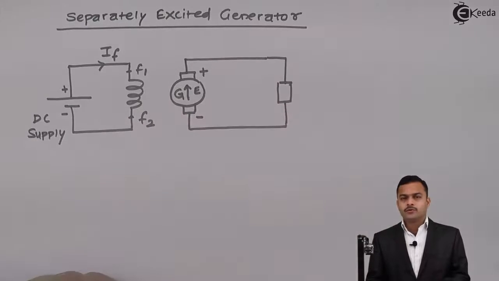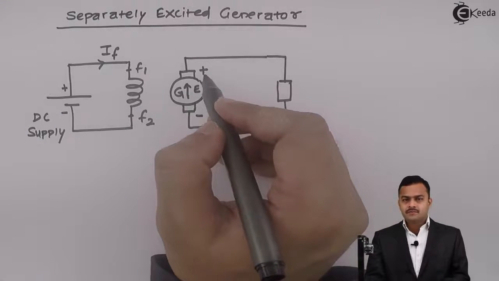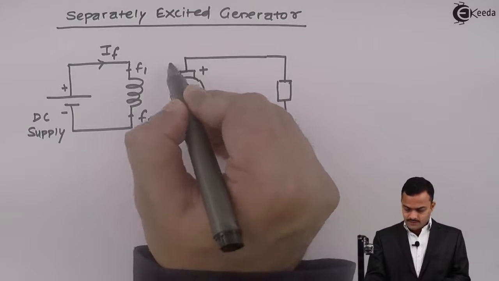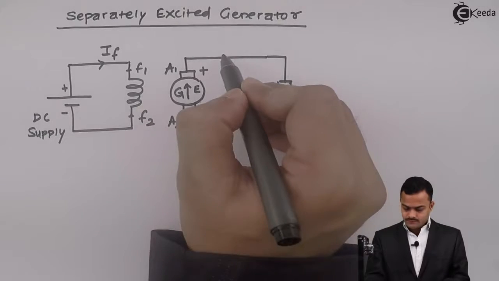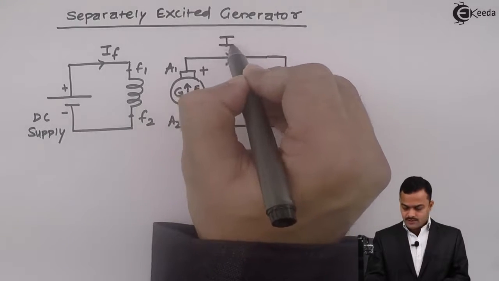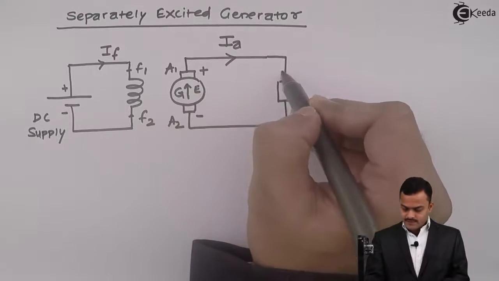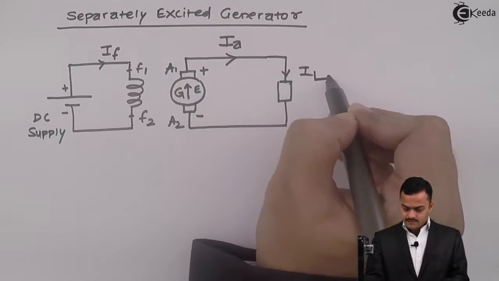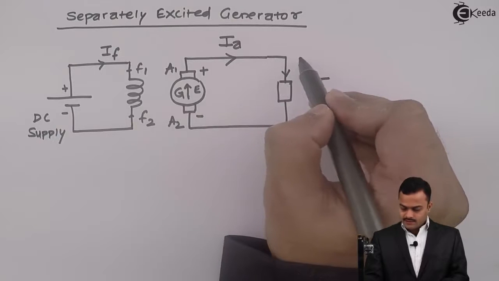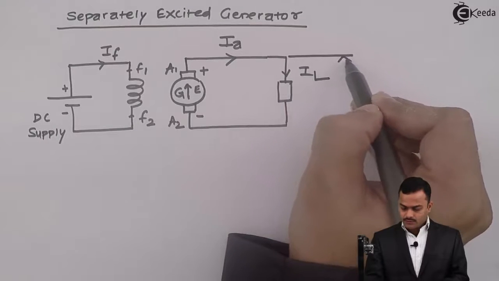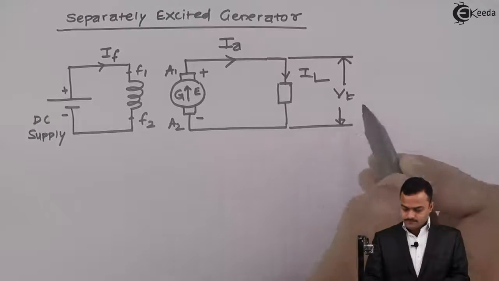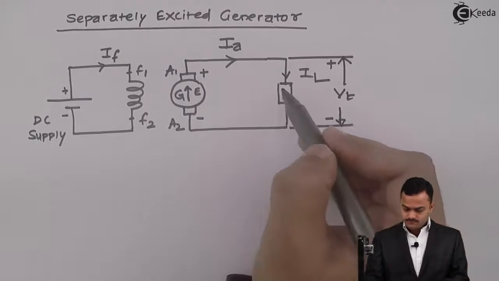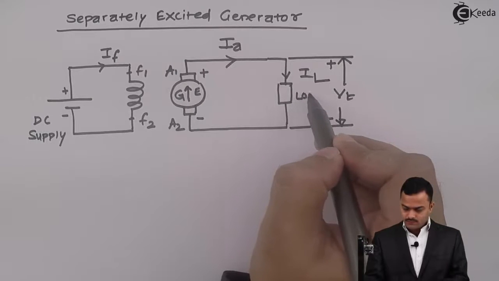This is how it is going to develop the EMF. These are the terminals A1, A2, and armature current IA will be the same as this IL. It will develop a terminal voltage across the load, which is VT.